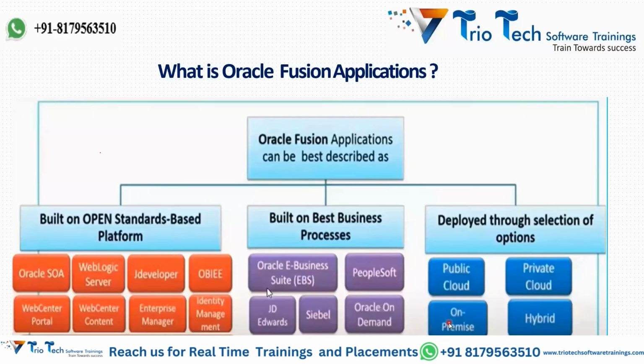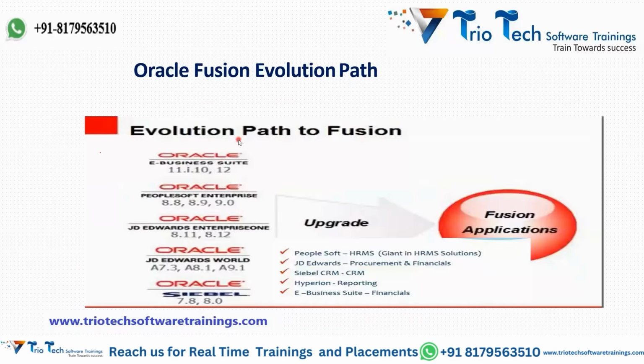But now the entire scope has changed, team. Fusion applications are now purely offered on cloud-based technology. It means whoever buys this product from Oracle, they need not buy any server, they need not install it in their office premises, they need not maintain anything.